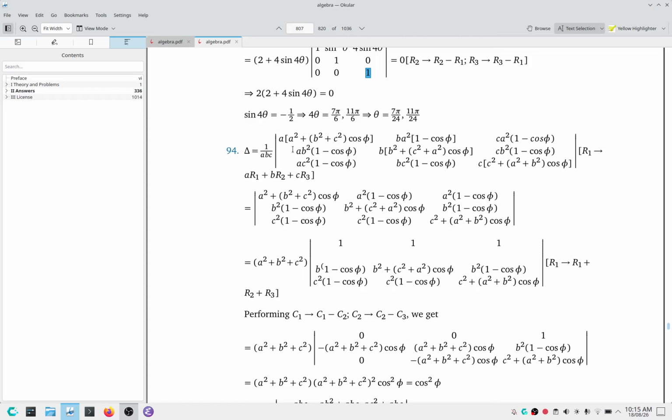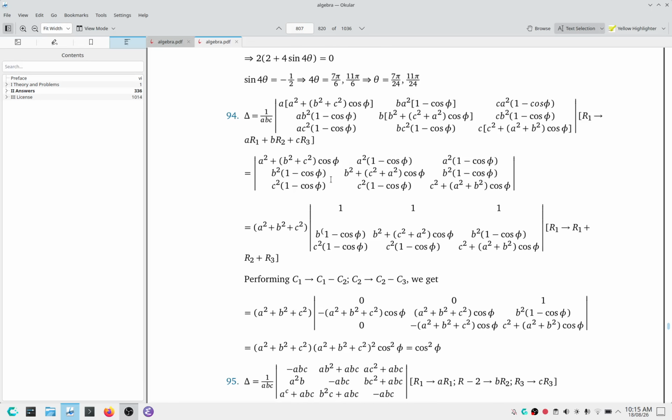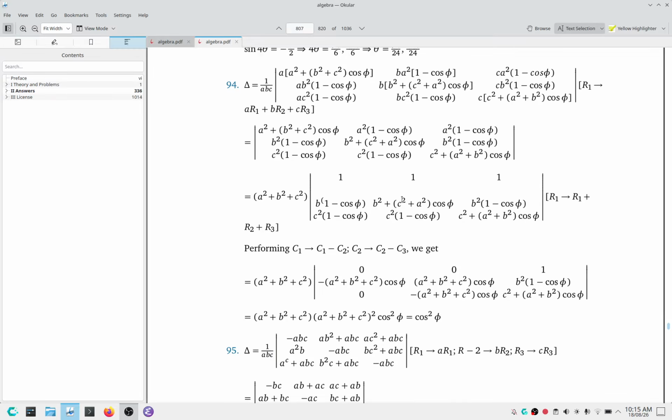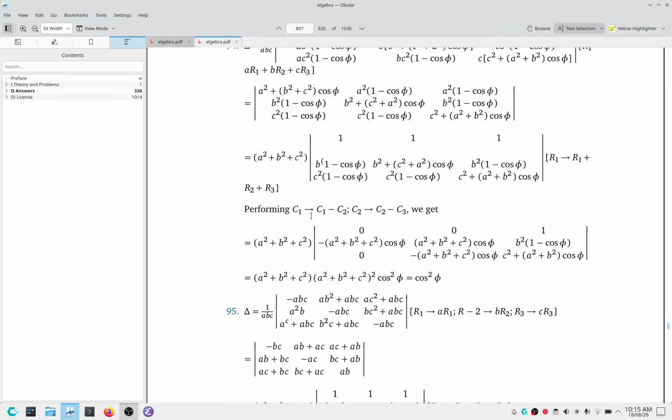And then we have this particular determinant. I will not read it because it will take a lot of time. And once we have this, we do R1 is equal to R1 plus R2 plus R3, and we take out a square plus b square plus c square, which will be in the first row. And once we have this, we can do C1 is equal to C1 minus C2, and C2 is equal to C2 minus C3 to get two zeros.